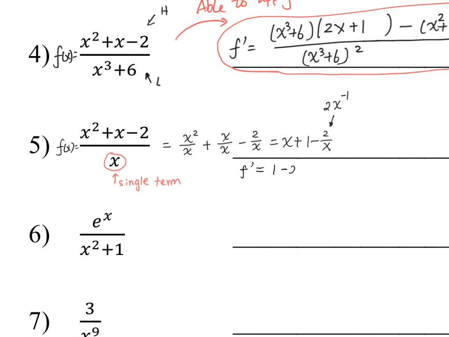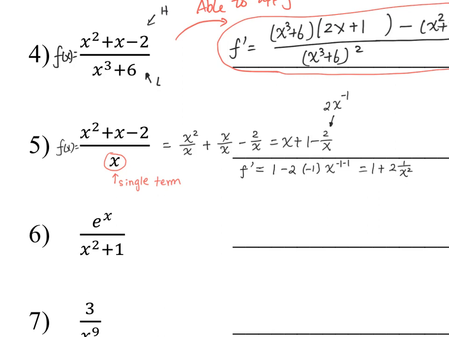And then minus 2 times the derivative of x to the negative 1, which means move the power to the front, and then subtract 1 from the power, right? So eventually this is what you have, because it's x to the negative 2, so that means 1 over x squared. Okay, so that's that one.